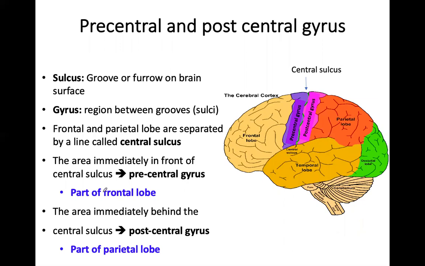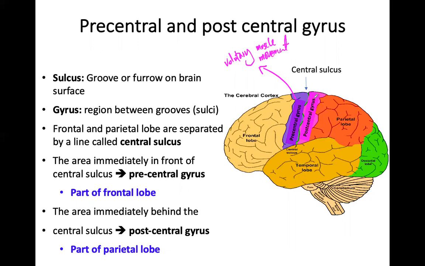This is nothing new. This is the picture that I drew for you on the previous PowerPoint. We have the sulci, or the shallow groove, that is separating the frontal lobe from the parietal lobe. The area immediately in front of the central sulcus is the precentral gyrus, and this, as a review, is responsible for voluntary muscle control or voluntary muscle movement.